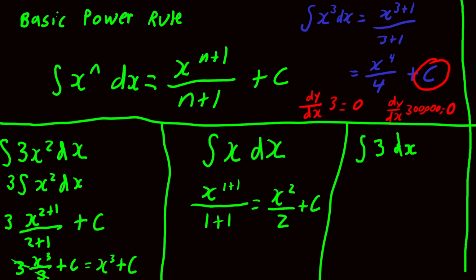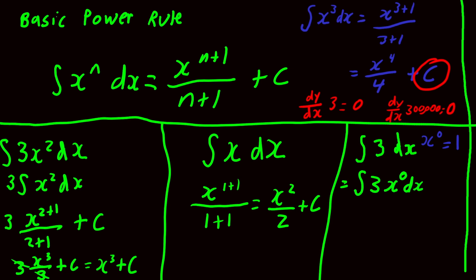Now, next one. Integral of 3 dx. Okay, well, I don't really see an x. So how can I use my power rule? Well, let's think about it like this. The integral of 3 is the same thing as the integral of 3x to the 0 dx, right? Because what is x to the 0? I'll write it in blue up here. X to the 0 is just 1, right? Anything to the 0 power is 1.